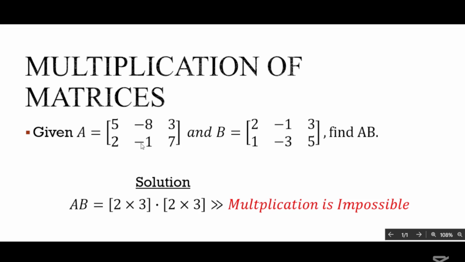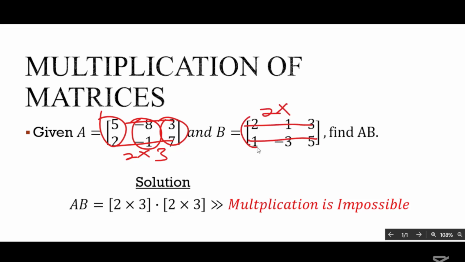What do I mean by this? If you have a matrix which is 2 by 3, here we have 2 rows and 3 columns. And this one too, we have 2 rows as usual, and here we have 3 columns.